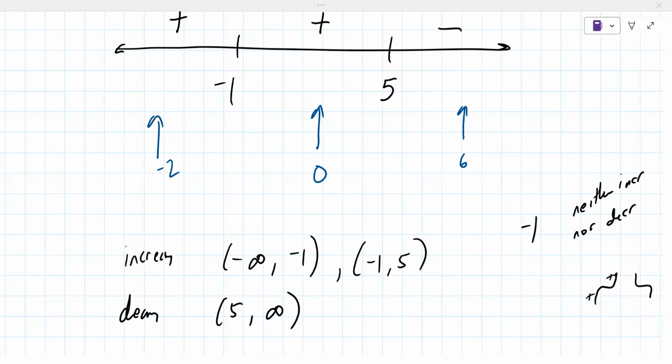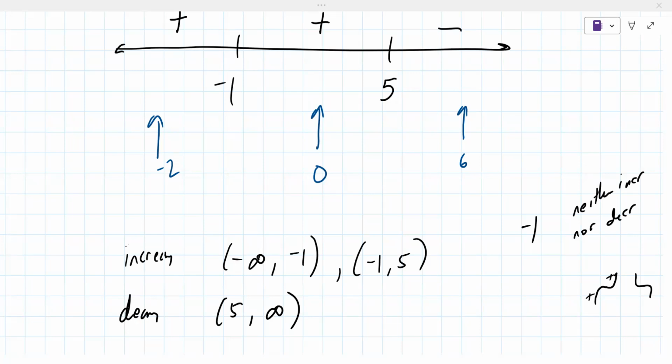And then can we do 42? Sure. Okay, yeah.